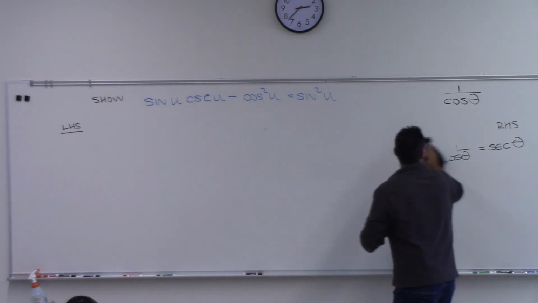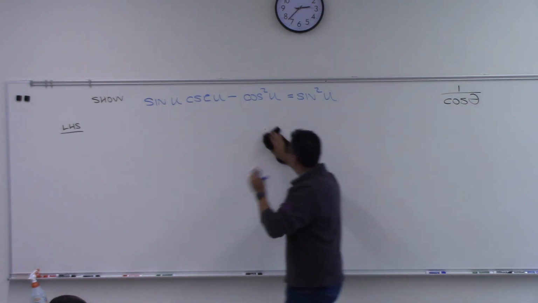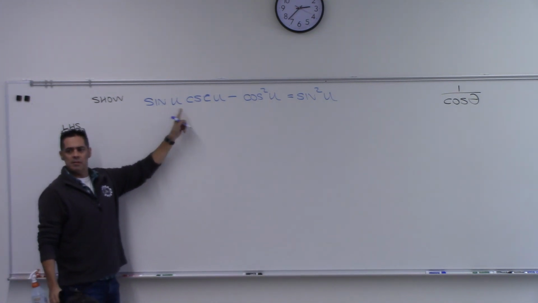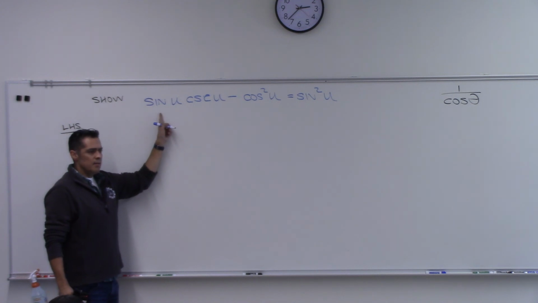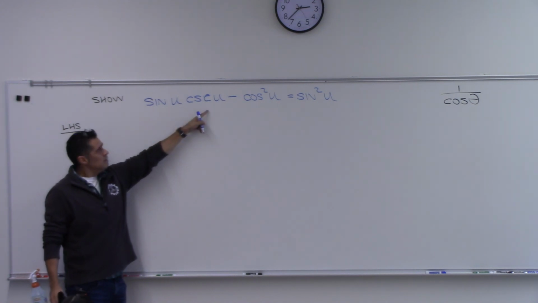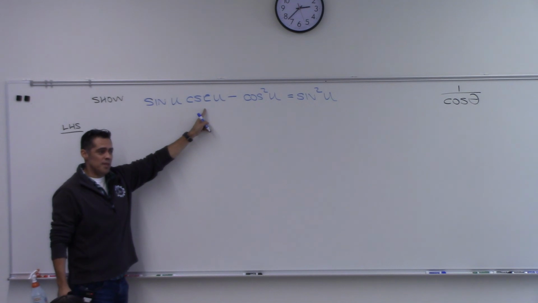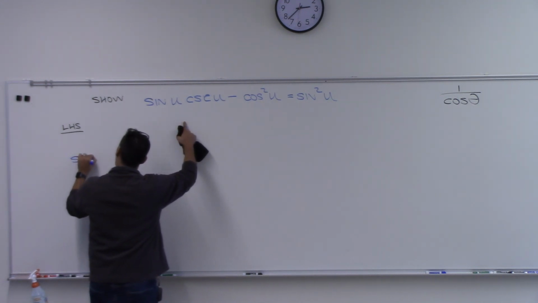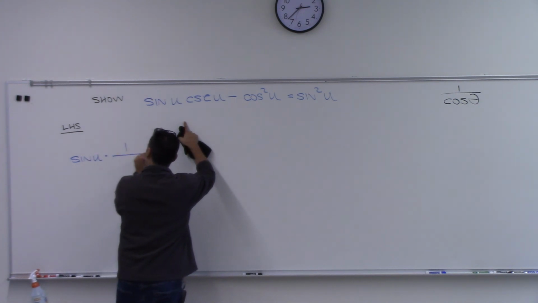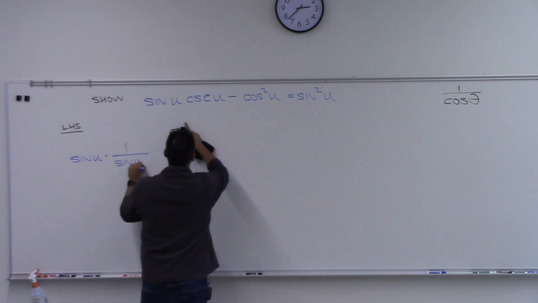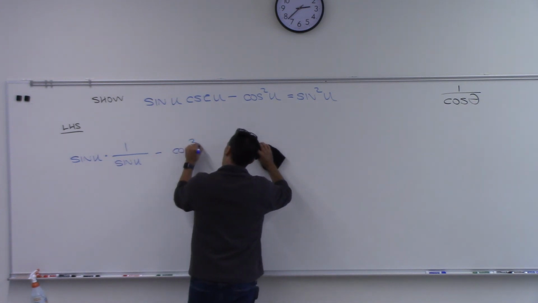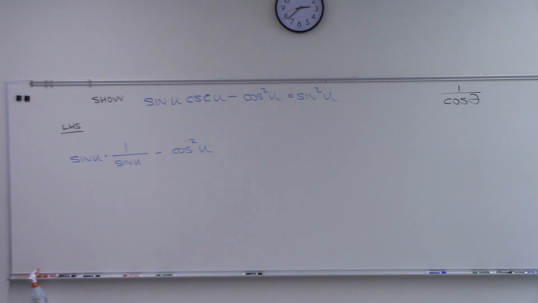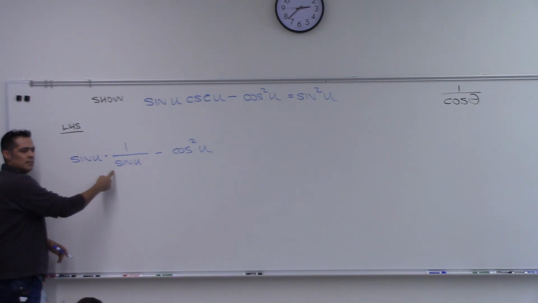Start with the left-hand side. How can we rewrite this? This is sine u times 1 over sine u, right? That's what cosecant is. So the left-hand side is sine u times 1 over sine u minus cosine squared u. And what's that?